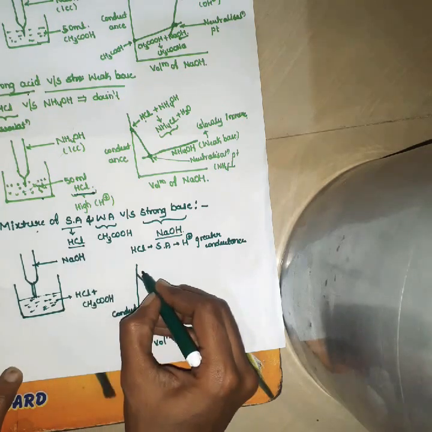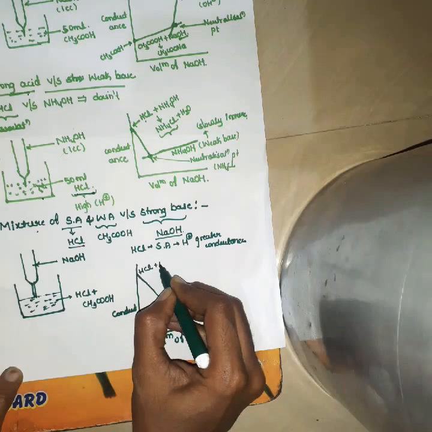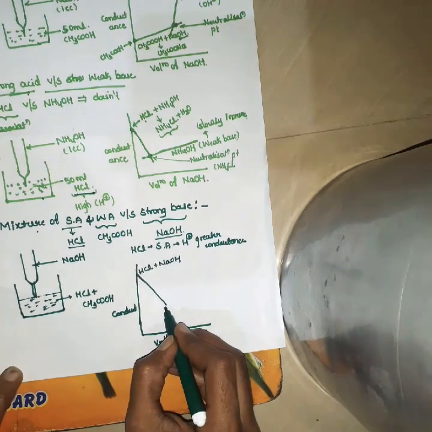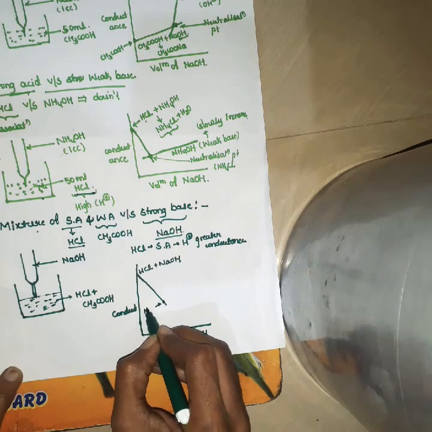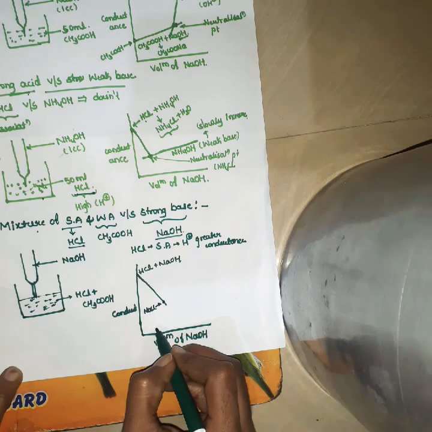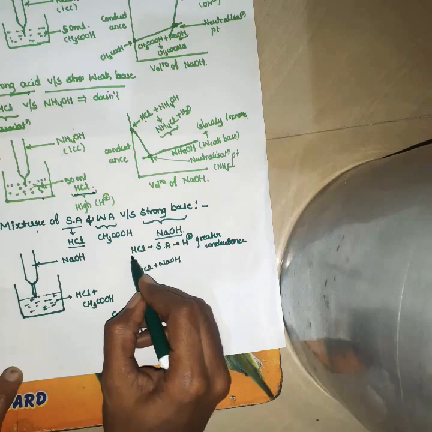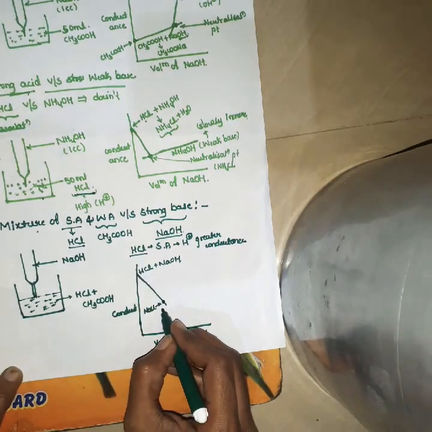Therefore, since HCl has a greater conductance, while adding NaOH the conductivity decreases first. At this point, formation of NaCl takes place, which is called the neutralization point of HCl.